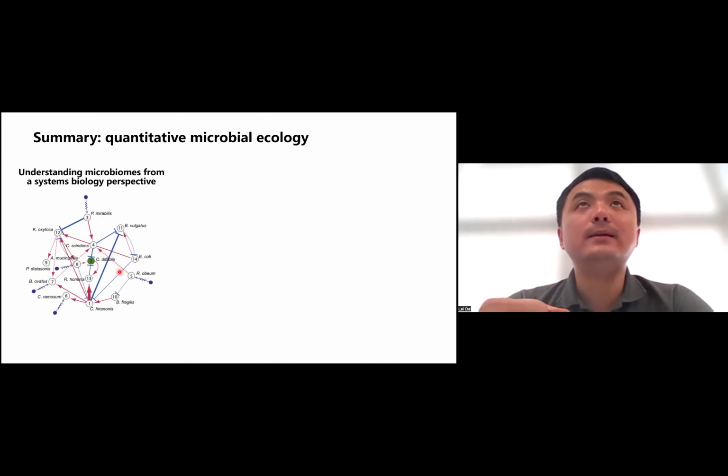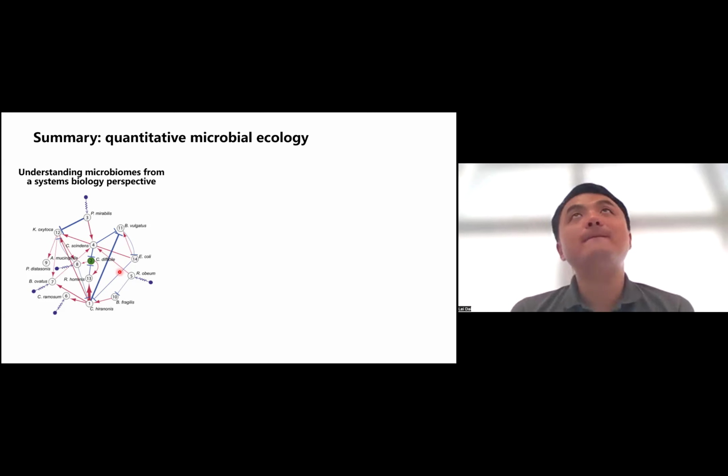Put it very simply, you start with DNA extraction, and then you prepare the next generation sequencing library, and eventually when you get the sequencing data, it's basically just reads. Each read is about 150 base pairs extracted from a certain microbial genome, right?